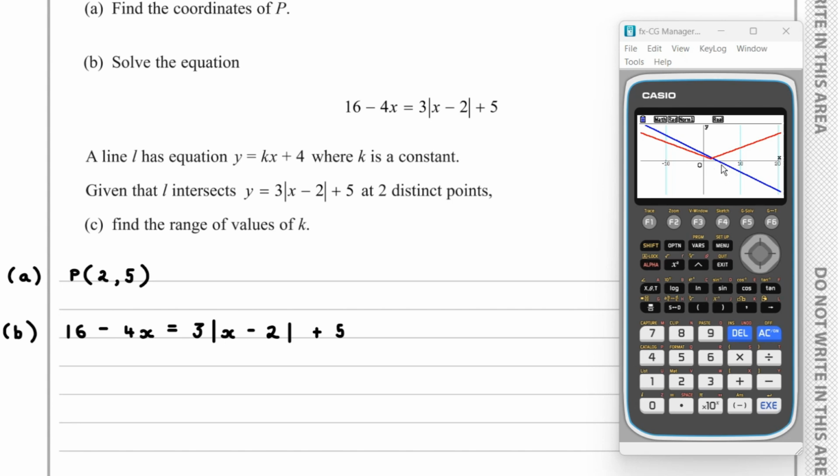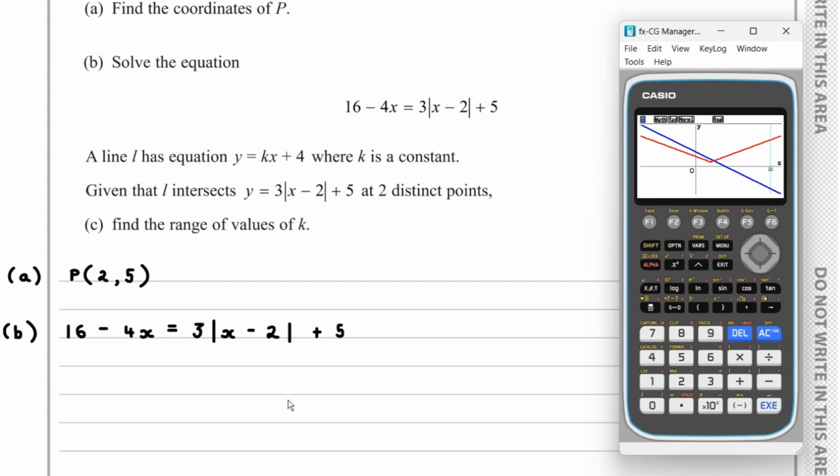And clearly what we see is we have one solution. Let's zoom in to this area. We have clearly one solution.